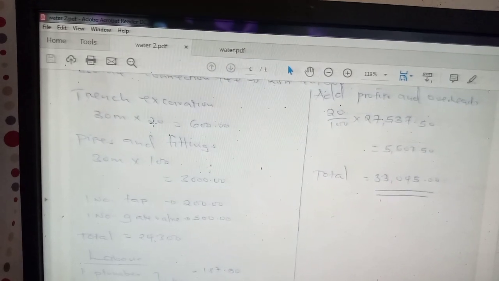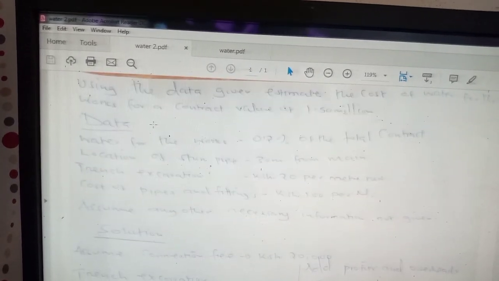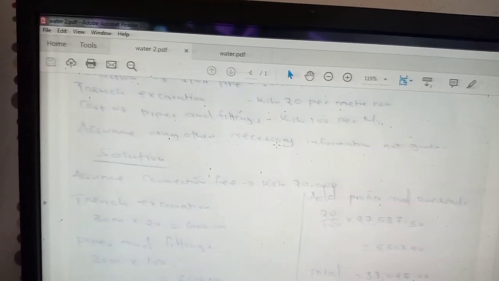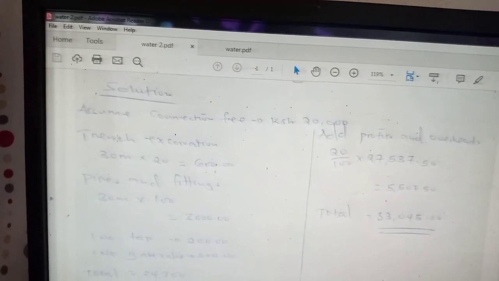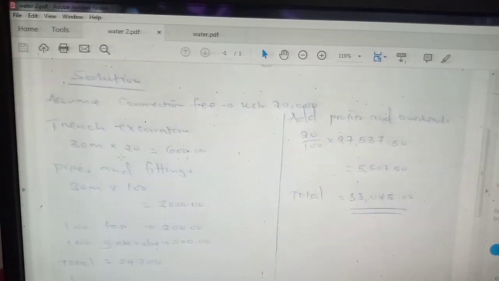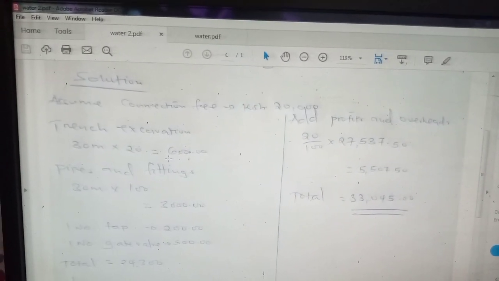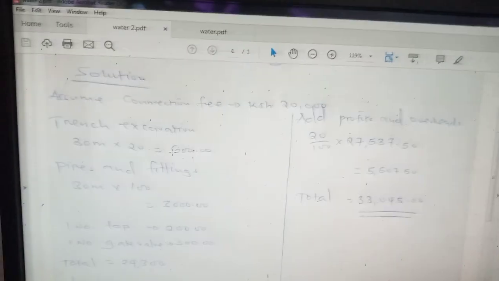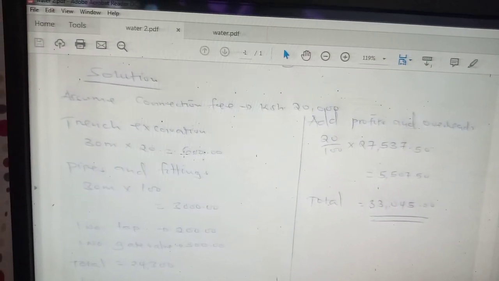The cost of trench excavation was 20 shillings per meter run, so you take 30 meters and multiply by 20 to get 600 shillings. This is the amount of money that will be used for excavation of trenches.